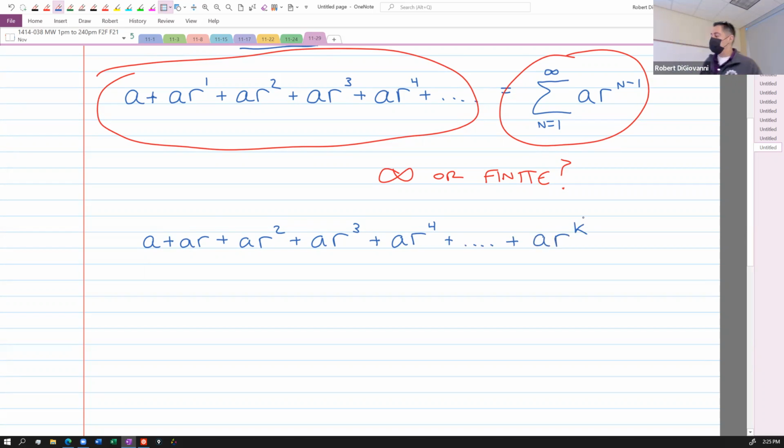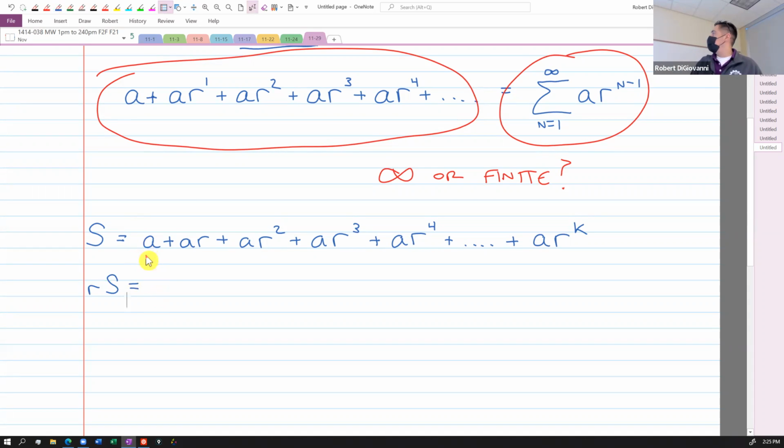Let's just look and stop at K. So we stop somewhere, okay? Let's call this S. And I'd like to know what that sum is. So then this is the part that's completely weird. Again, you wouldn't think of doing this. They took that and they multiplied that S by R.